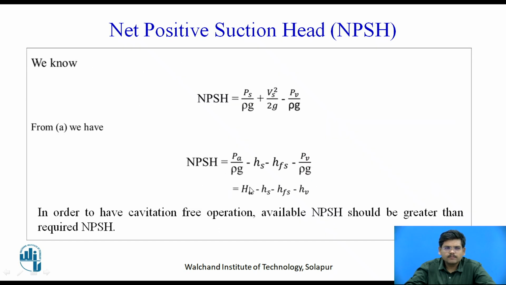With this we can replace it by absolute head minus suction head minus loss head in losses minus vapor pressure head. So in order to have cavitation free operation, available NPSH should be greater than the required NPSH.